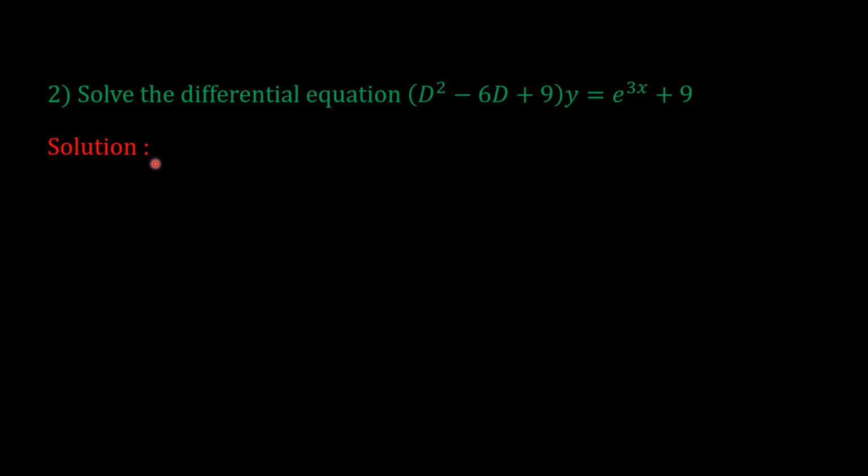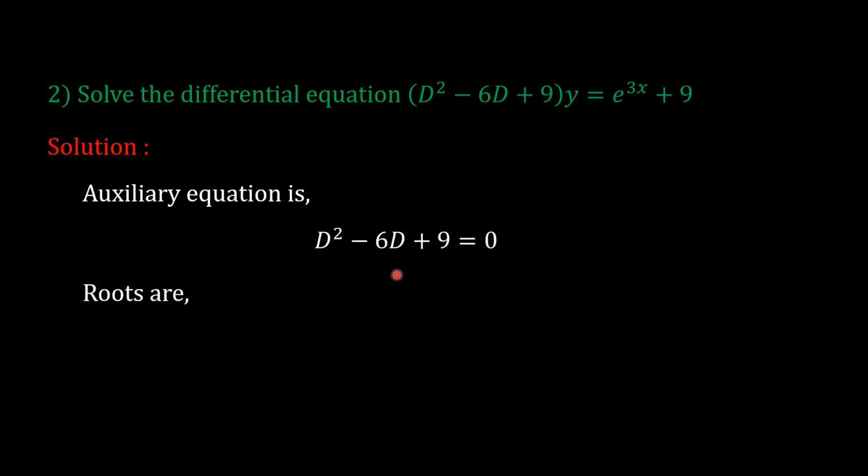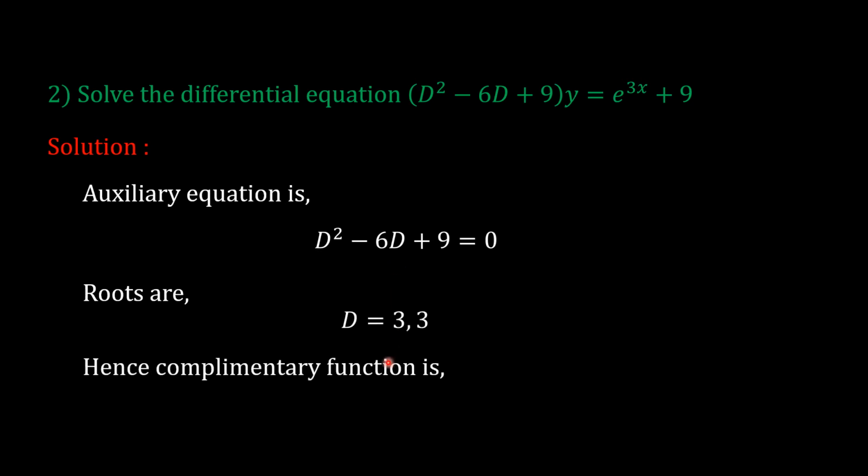Second, solve the differential equation (D^2 - 6D + 9) y = e^(3x) + 9. Solution. Auxiliary equation is D^2 - 6D + 9 = 0. So this is the expansion of (D - 3)^2, and hence roots are D = 3, 3, which are real and repeated.